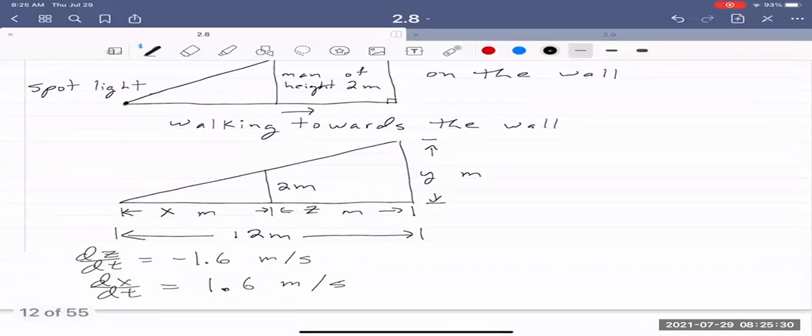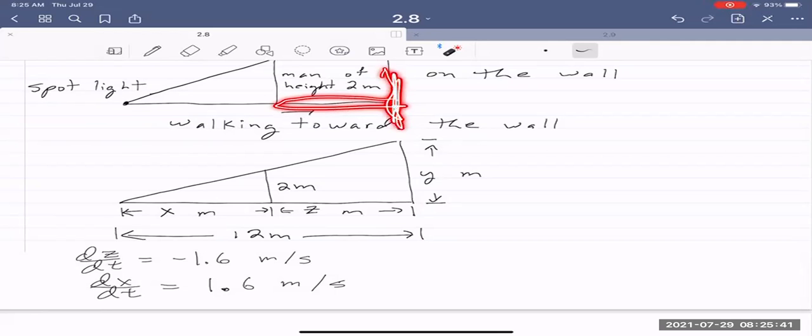But in this case, since you're moving this way, this length here is increasing, whereas this length here, because this is fixed, is decreasing. So again, I'm doing it relative to some fixed object.